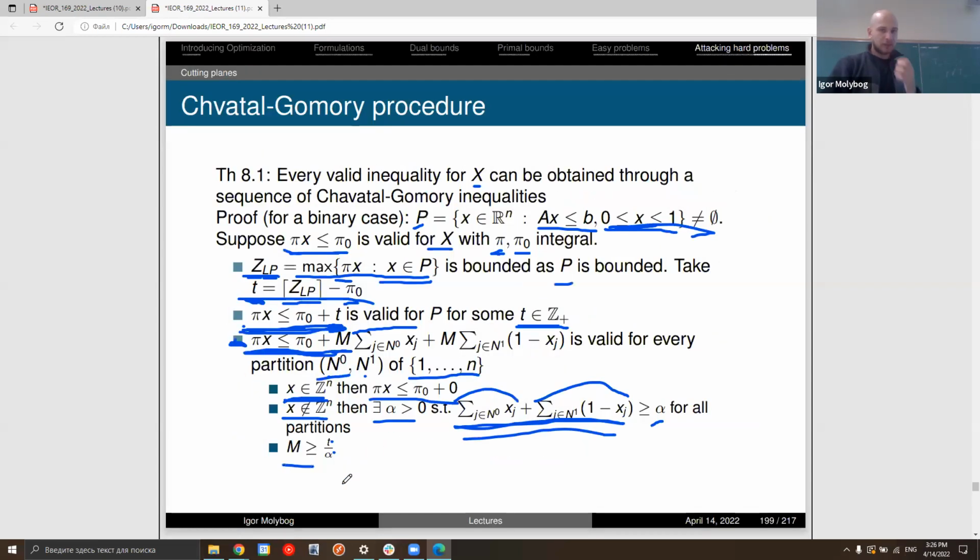Basically, the only comment that we need to say here is that our initial inequality with this t, for some t, since it's a valid inequality for P, can be constructed as a combination of inequalities from this set of inequalities, just by playing around with the coefficients u.